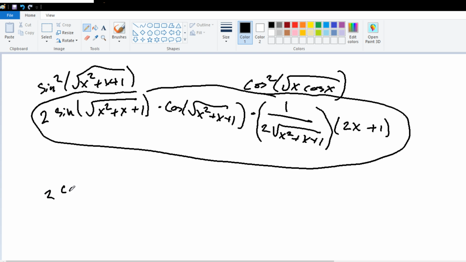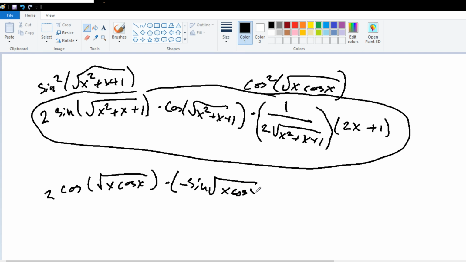Now we want to take the derivative of this. So we get 2 cosine of the square root of x cosine x. We go in one step, we get negative sine of the square root of x cosine x. We go in one more step, we get 1 over 2 times the square root of x cosine x.